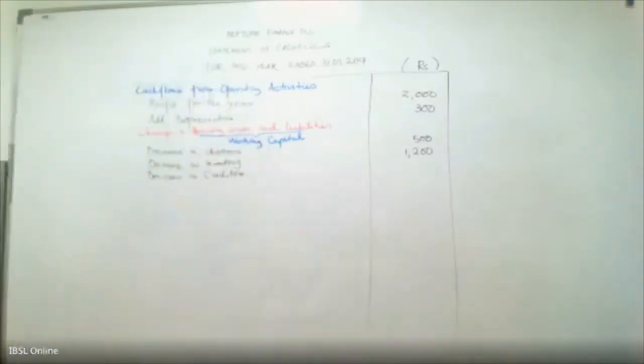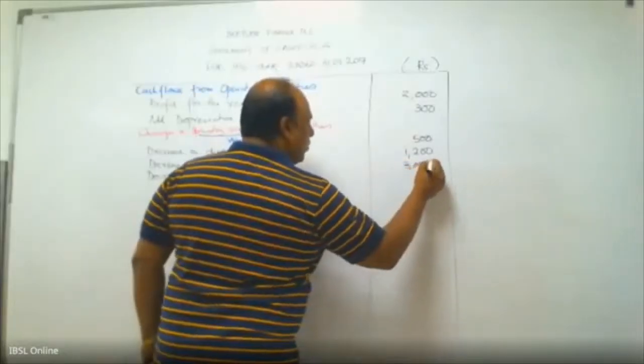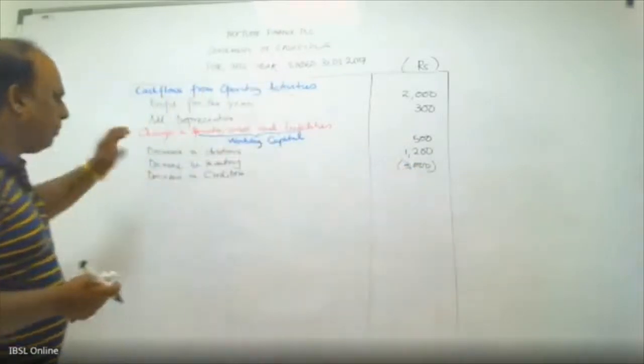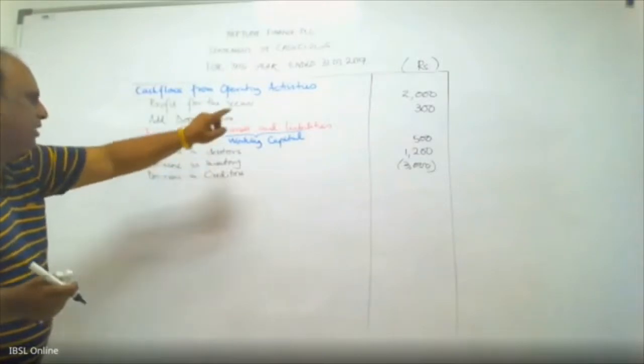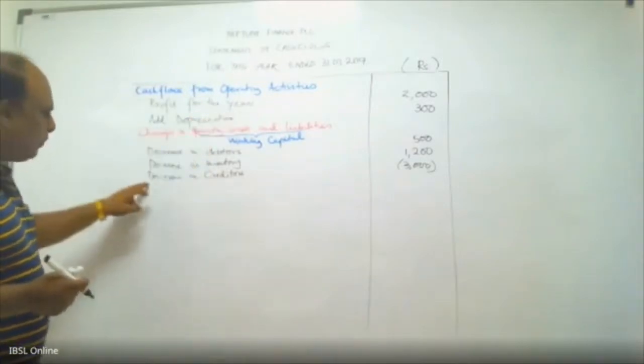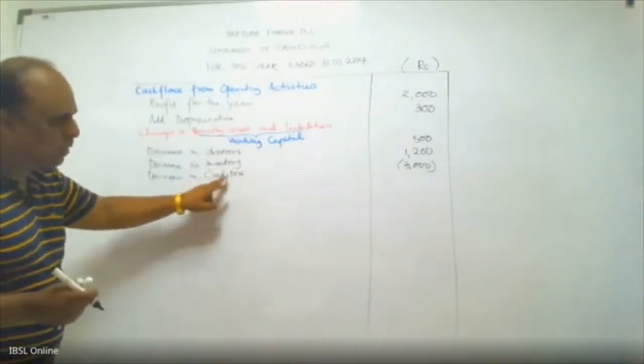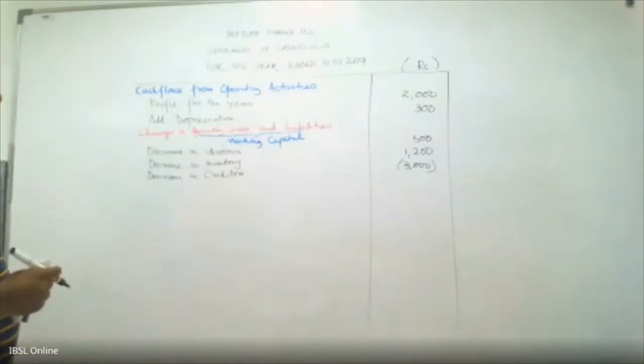How much is that cash outflow? 3,000. So you have to remember, now when you are saying decrease in assets is a cash inflow, obviously decrease in creditors, which is a liability, has to be a cash outflow. Okay, so that is what you have to remember.